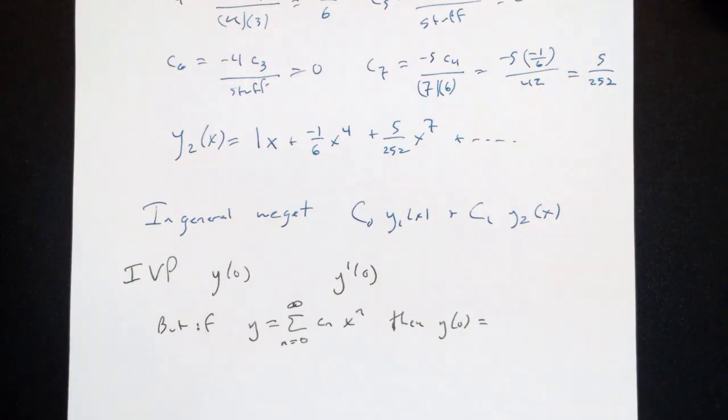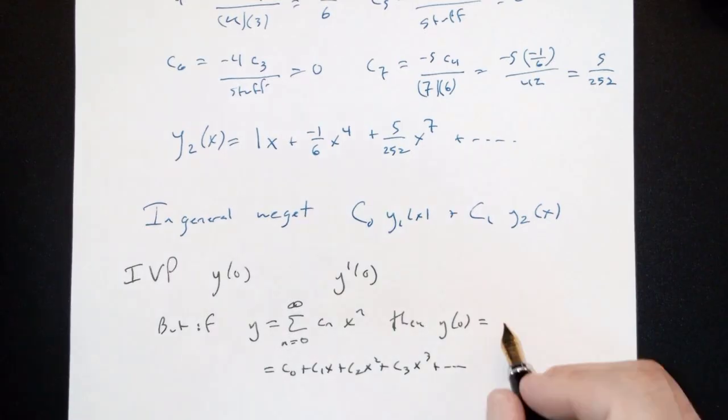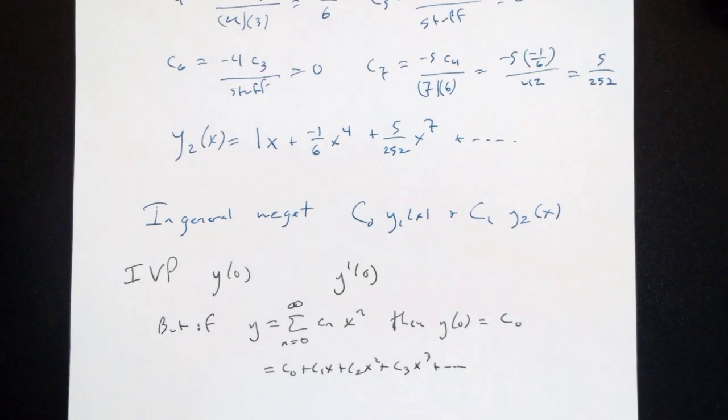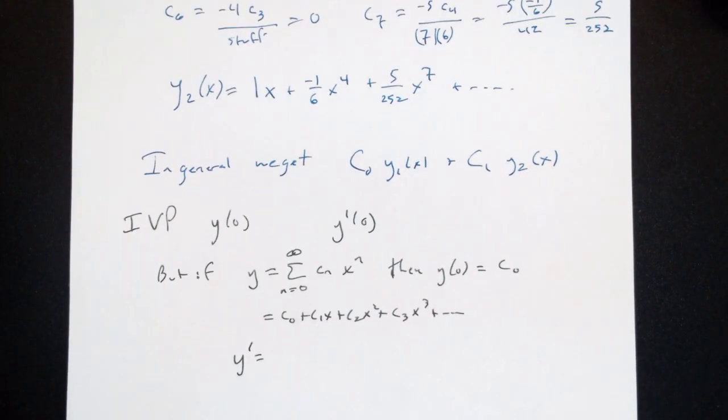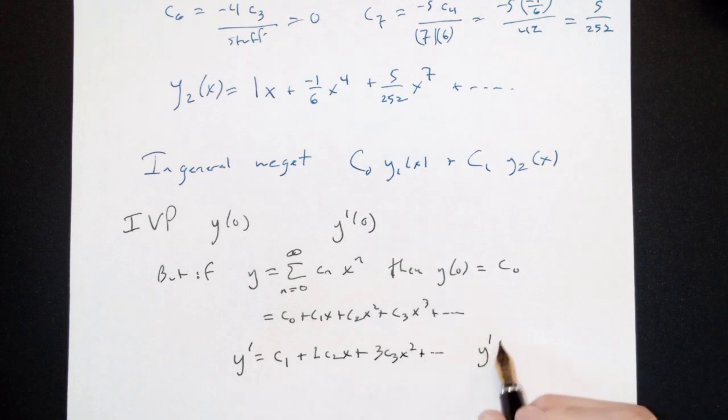Because remember, this power series is that, right? What happens when you put in 0? Wait a second. What's y prime? Take the derivative of this thing. What's y prime? C1 wrong. So what's y prime of 0?